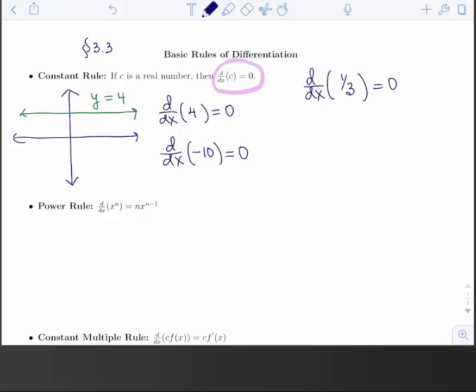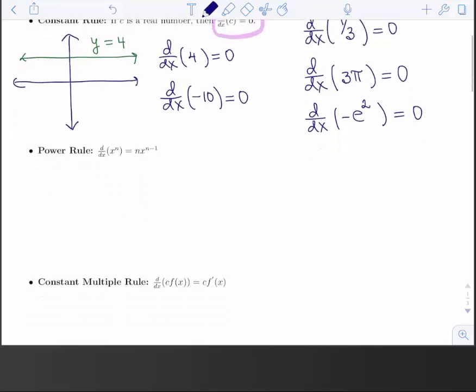We could have irrational numbers. d dx, let's say 3 pi, and that's also 0. And let's give another example of a number that's negative and it's irrational, so something like negative e squared, and that's still 0. All of these functions represent constant functions, right? Yep, so the derivative is 0. Let's take a look at the next rule.